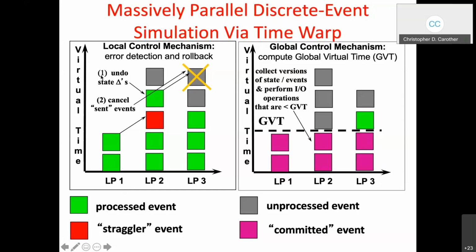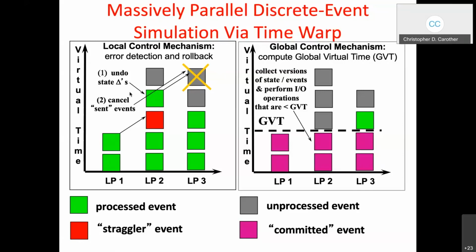By rolling it back, we undo any of those state changes, the modification of state. And this is where it gets a little more crazy for Time Warp: we have to cancel any sent events that we scheduled in the system. We have to go after this other event that we just sent, which might be unprocessed on the other system, and kill it off and erase its existence, because it was incorrectly scheduled, since this event was incorrectly processed in time. So we've got to clean all that up. That's the first step.